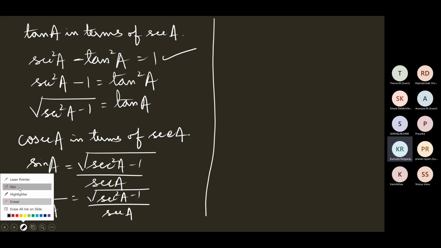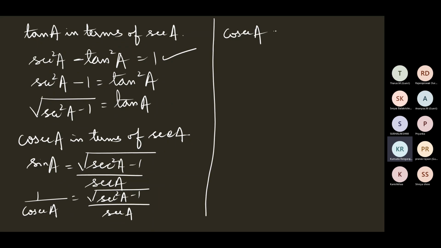Now taking reciprocals on both sides, the reciprocal of 1 by cosecant A is cosecant A. The reciprocal of the RHS is secant A by the square root of secant square A minus 1.